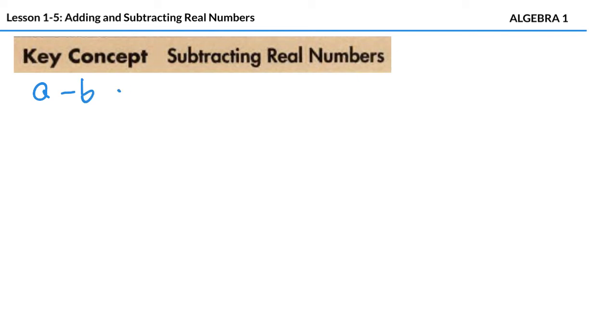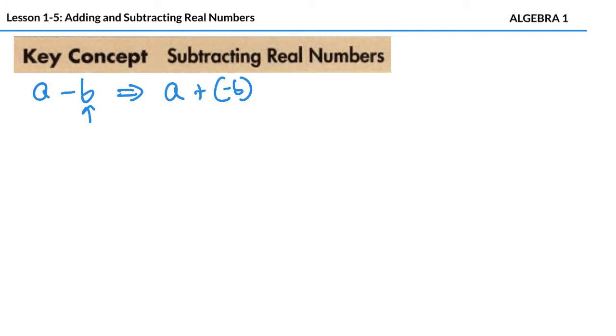So, it is same as A plus the opposite of B, which is minus B. And we have learned how to add two real numbers, so we can apply the concept over here. This was in general. Now, let's look at some examples.